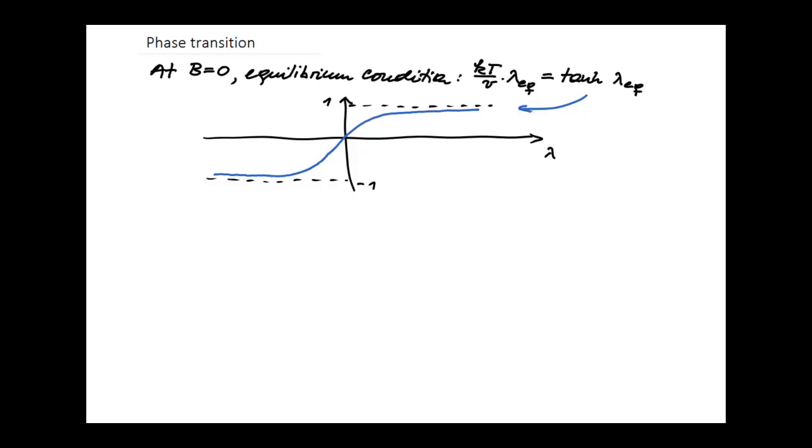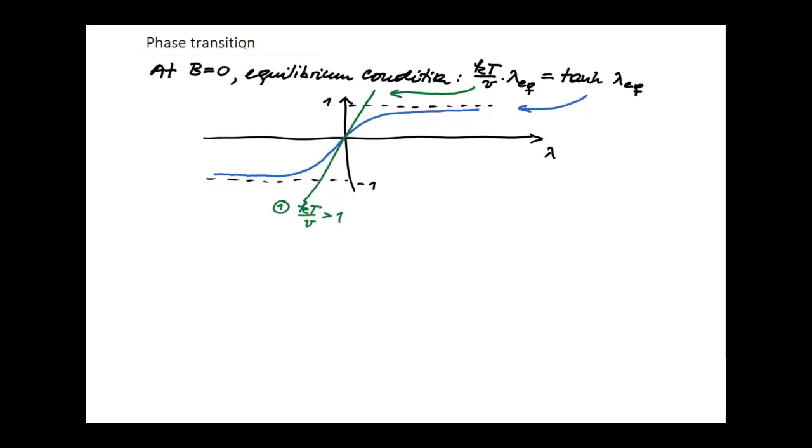Now the left-hand side is just a linear function, a straight line with the slope kT over v. And now there are two cases. There's the case where kT over v is larger than 1. In this case, it looks like that. So this is the left-hand side in case 1, where the slope kT over v is larger than 1.